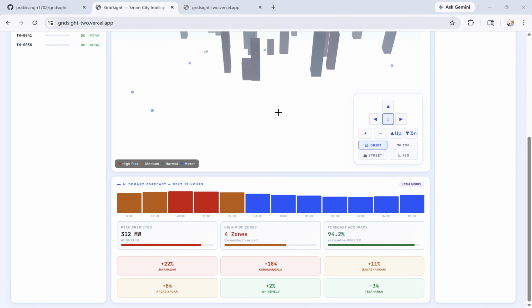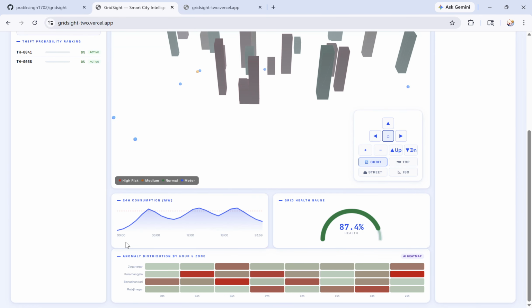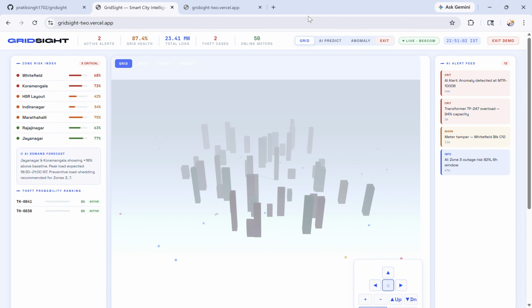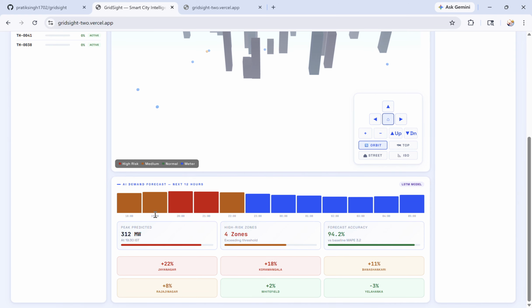As we can see, the AI demand forecast: first we had the grid that we already told about, the 24-hour consumption, the grid gauge, and the anomaly detection according to the different areas at different hours. Then we have the AI predict model that will predict the next 24 hours: what are the high risk zones, what is the forecast accuracy, and where more theft cases and more voltage consumption would be.